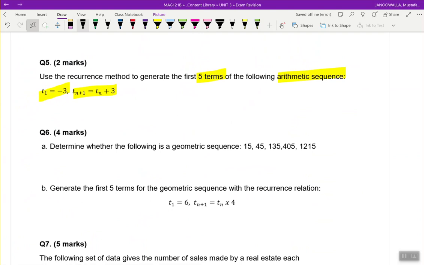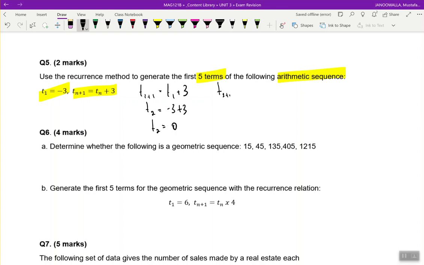So this one, really, if you want to show all your working out, we know T1 is -3, so we can start with T2 equals T1 plus 3. That is, T2 is -3 plus 3, term 2 is 0.